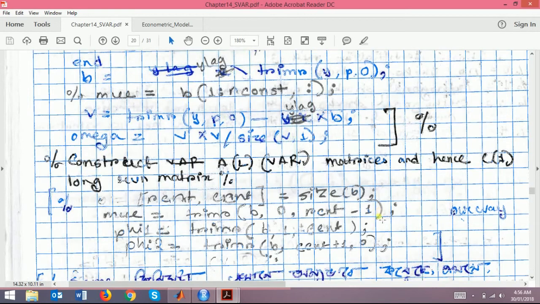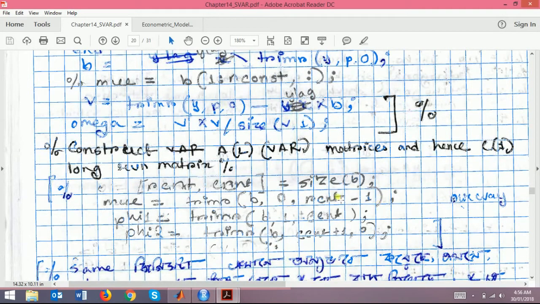We had our beta coefficient estimated, and what we did from the last one is that whatever the total row was, from there we just took row count minus 1. So if you had 10 rows, 9 was eliminated from the last.